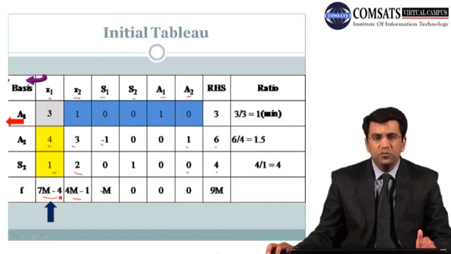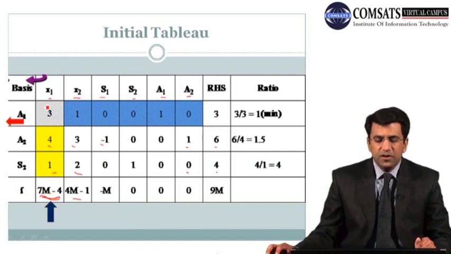In this particular case, we have two positive values, that is 7m minus 4 and 4m minus 1. As I just discussed, if we multiply m by 7, it will be a very, very large quantity. Even 7m minus 4 will be larger than 4m minus 1. So our highest positive value in this case is 7m minus 4.